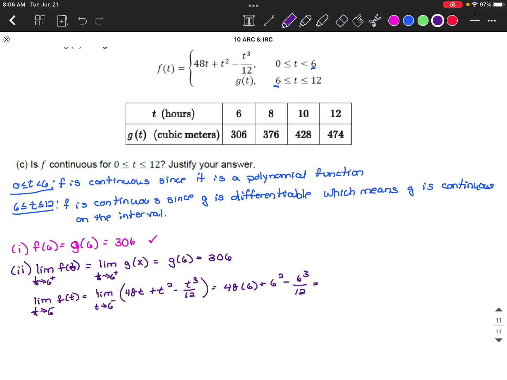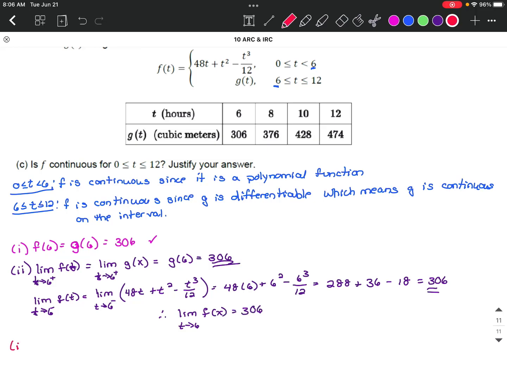Now let's do some arithmetic. 288 plus 36 minus 18 is 306. These numbers are the same. Therefore, the limit as t heads to 6 of f of t is 306.